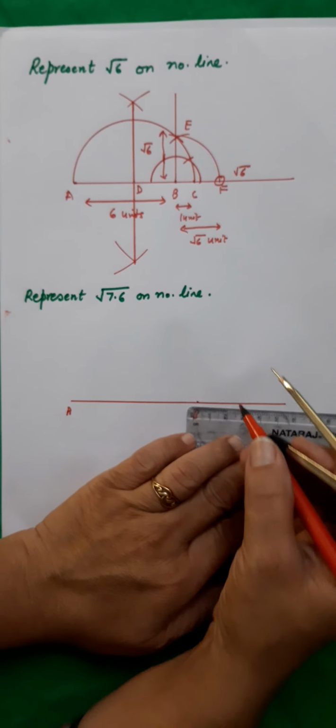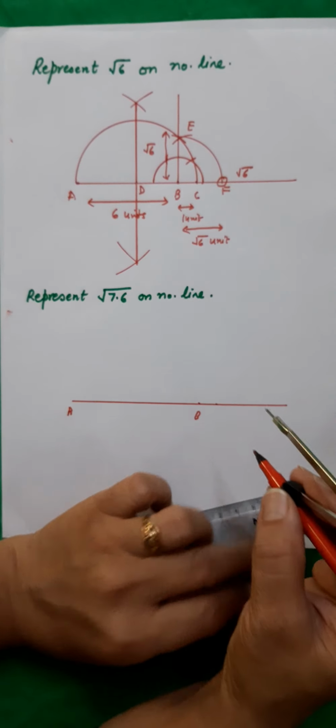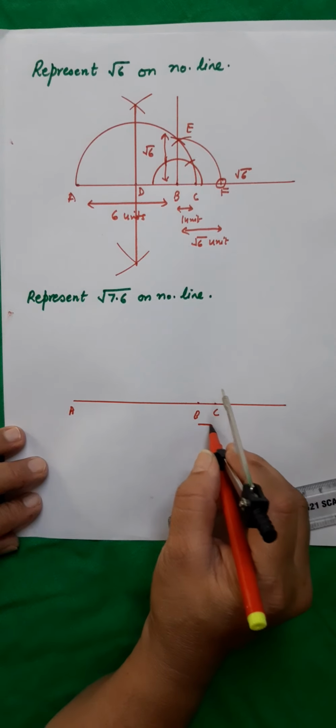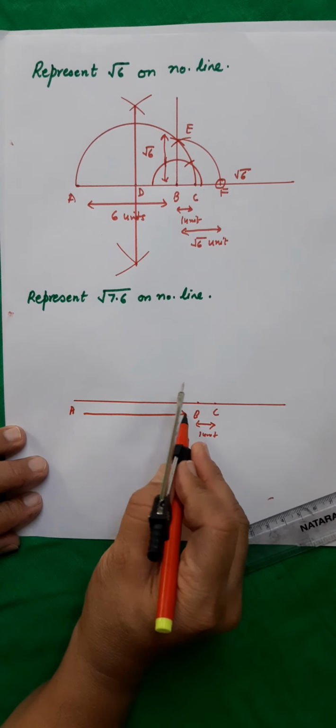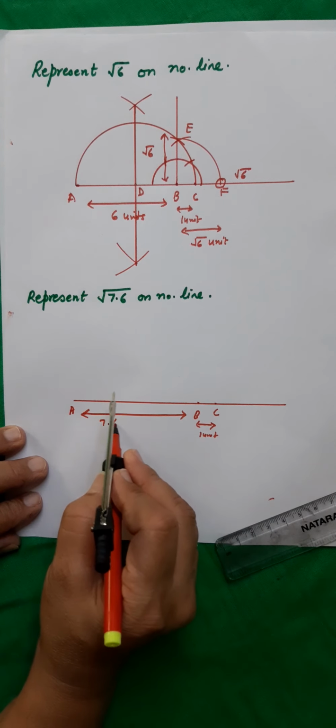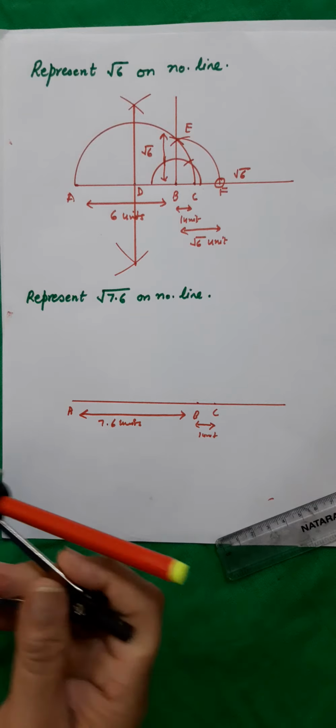Then next step was I have to take 1 unit extra. So I have taken another unit extra, call it C. This is 1 unit. This is 7.6 units. And now next step was that I have to make the perpendicular bisector of AC.